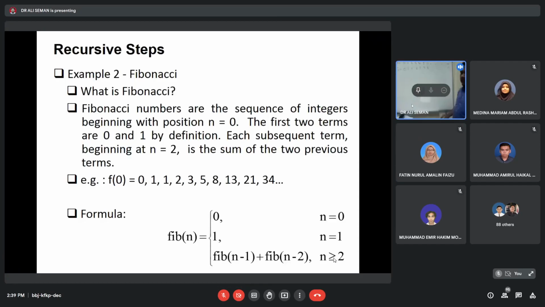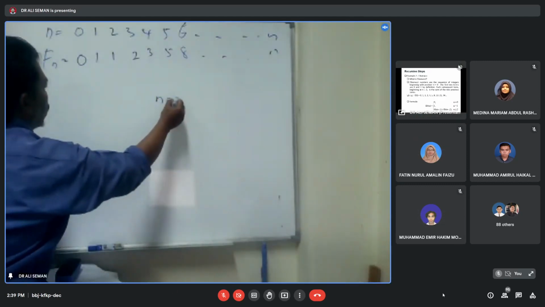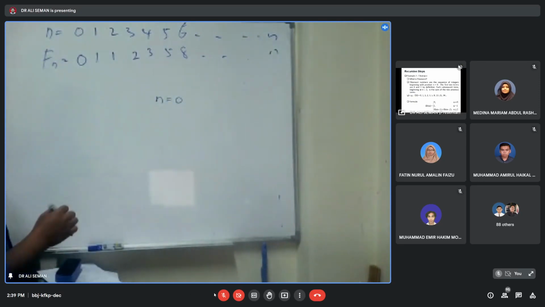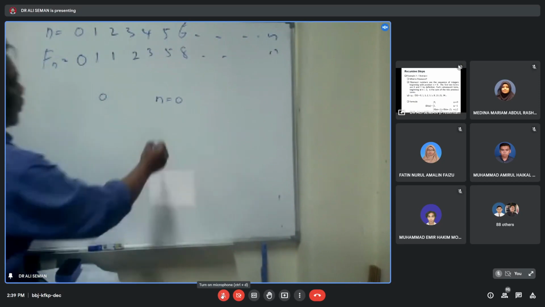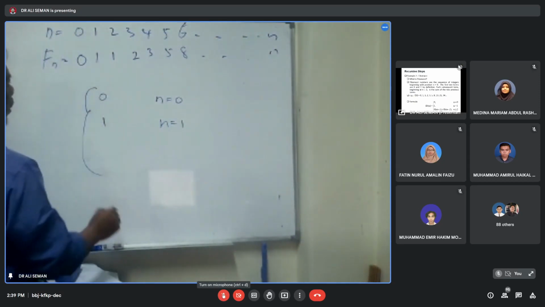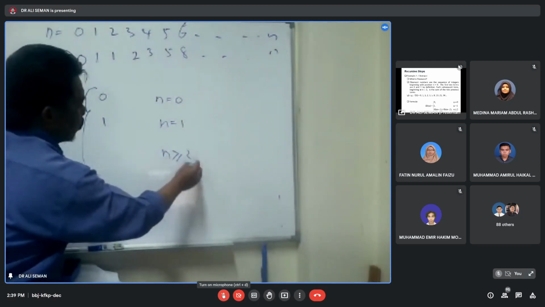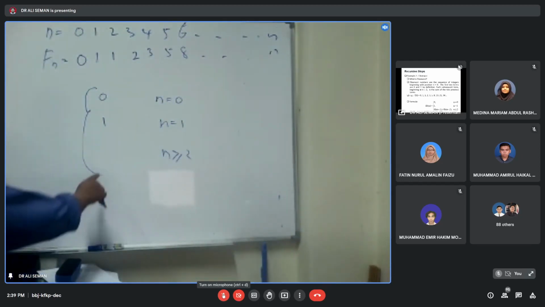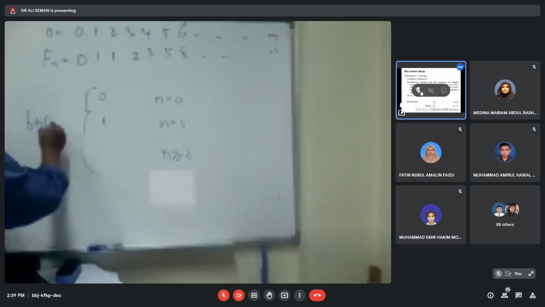In order to get this, if n equals 0, you return 0. If n equals 1, return 1. If n is greater than or equal to 2, what do we return? How do we write the formula for Fibonacci n?